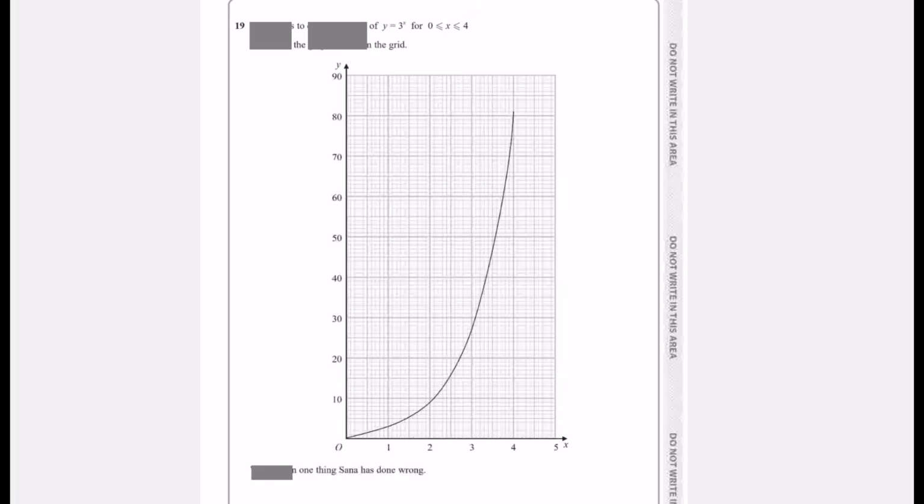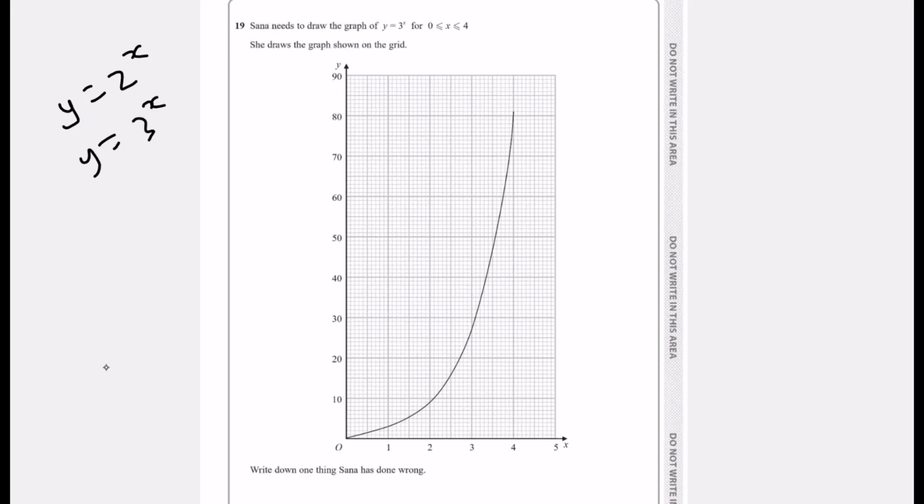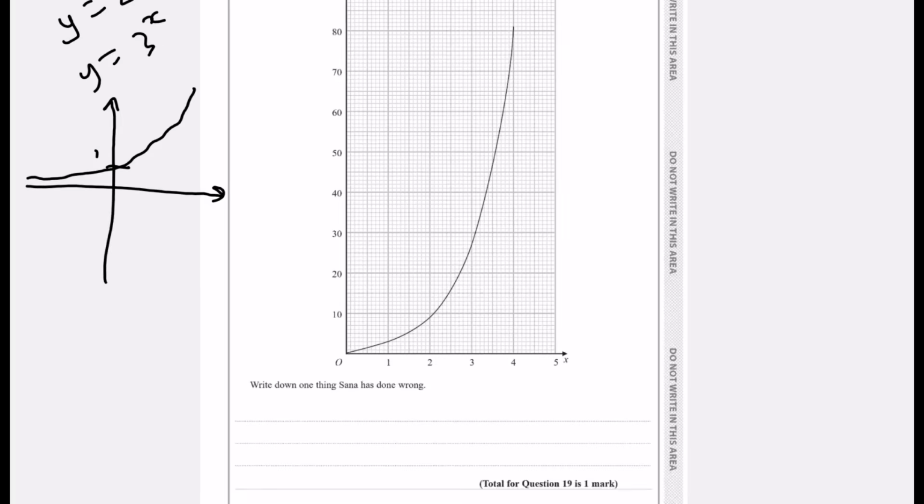Any of these exponential graphs, 2 to the power of x, 3 to the power of x, all take the same shape. They cross at 1. And this graph doesn't. It crosses at 0. So it should start at 0, 1.